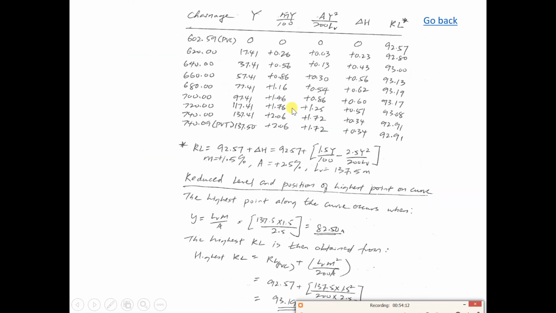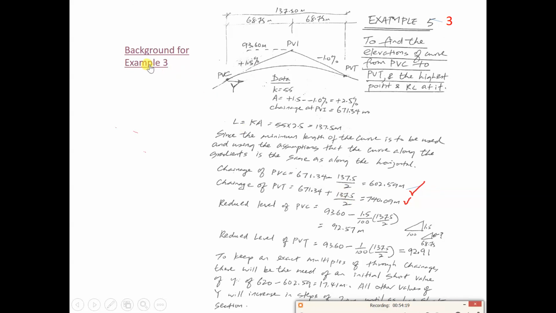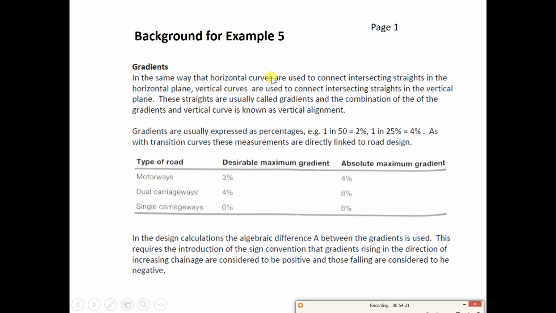So what are these things? I just go to this background. Actually it's example 3 now.